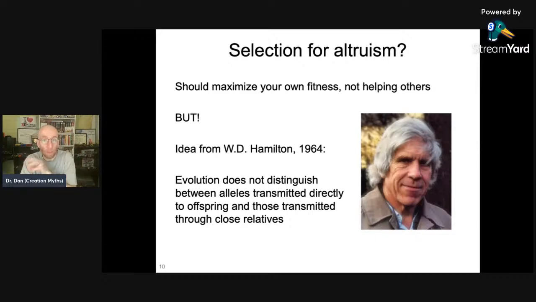You could have that same allele transmitted from relatives to their offspring. And selection doesn't care. It's just, is that allele moving to the next generation? The source, whether direct from an individual or indirect via their relatives, doesn't matter in terms of whether that allele is going to be selected for. The question is, does that allele increase in frequency? The question is not, from whom does that allele transmit.